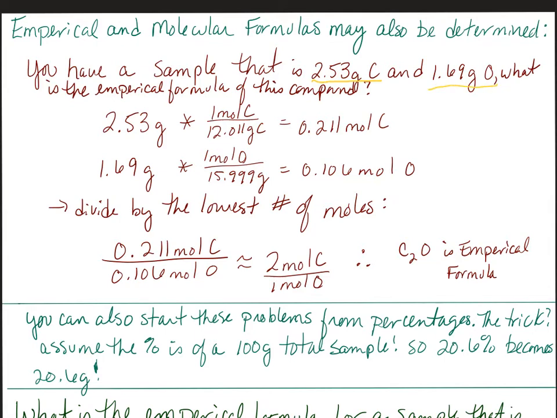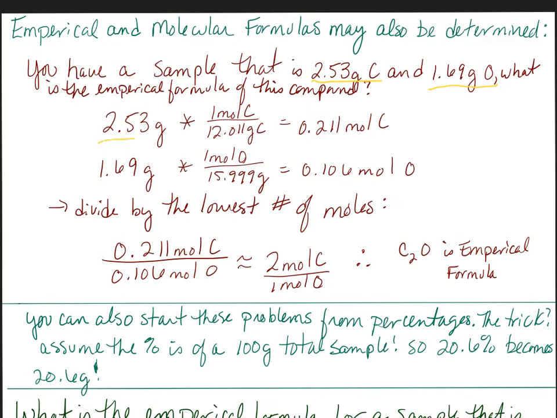Now we're going to do something to the next level. What is the empirical formula of this compound? Well, remember, we know how many grams of each of these we have, and we can convert that to moles. So let's start by figuring out how many moles of each thing we have.